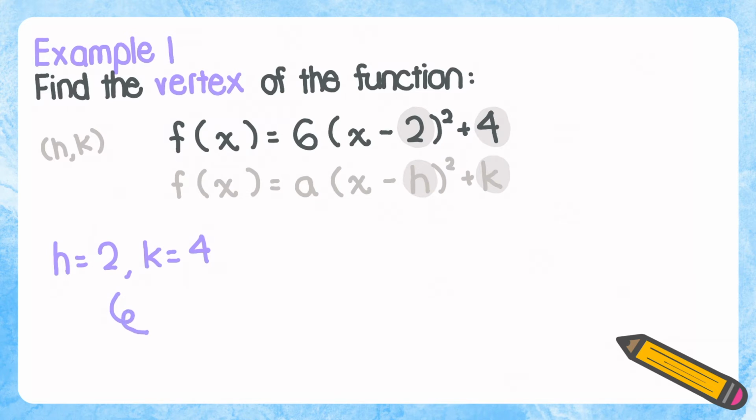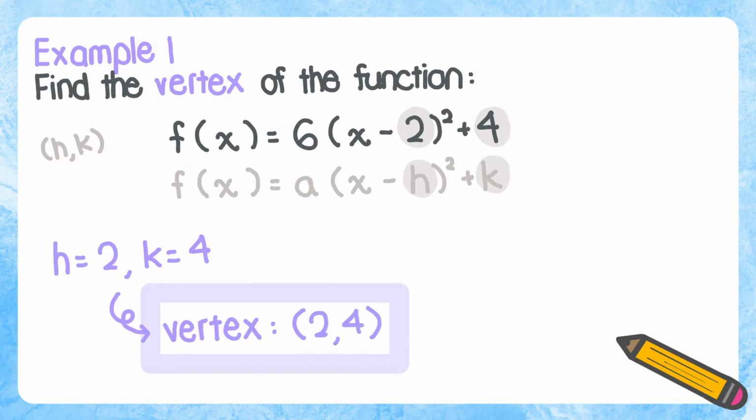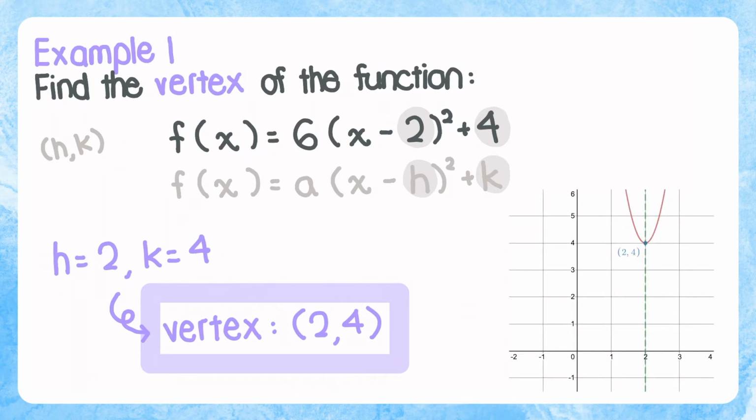So the vertex of this function is the point at 2, 4. To find the vertex, we simply have to identify h and k. Notice in the graph, our vertex is at 2, 4.